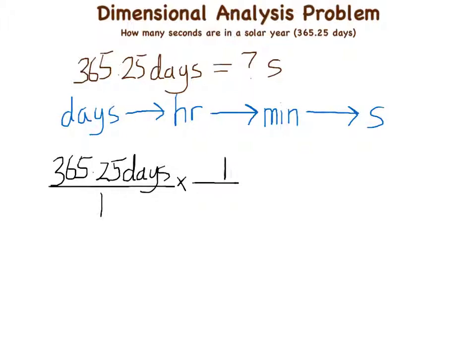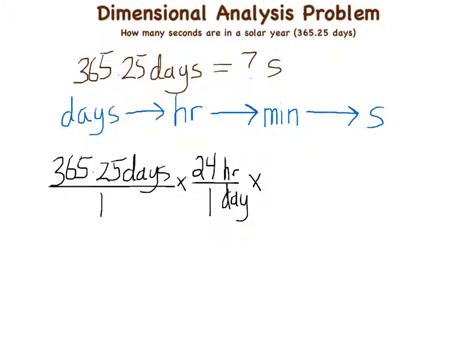So we want hours at the top, days at the bottom. We could say in 1 hour how many days are there, but it's a lot simpler to say in 1 day there's 24 hours, because remember, in a conversion factor, the numerator has to equal the denominator.